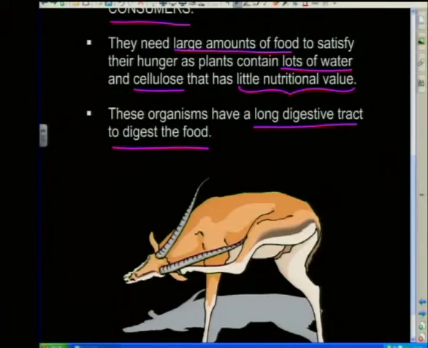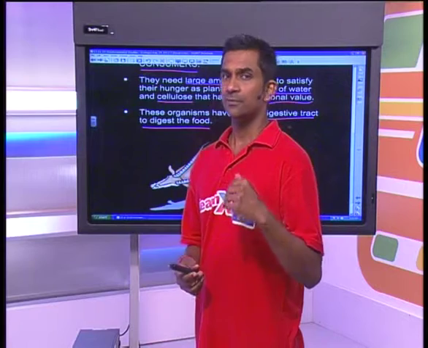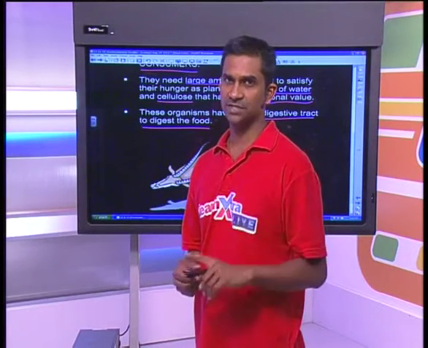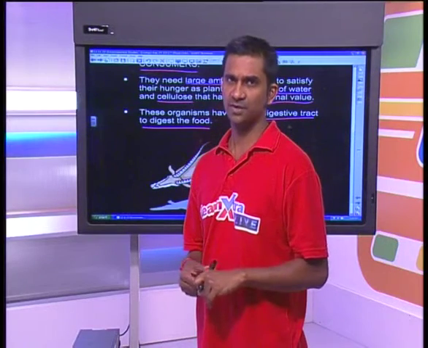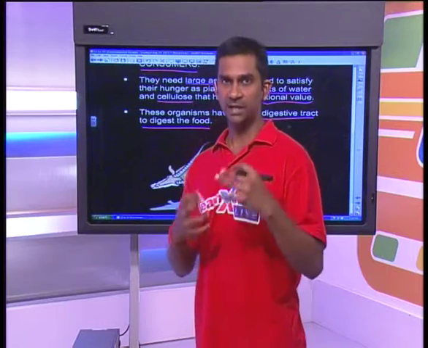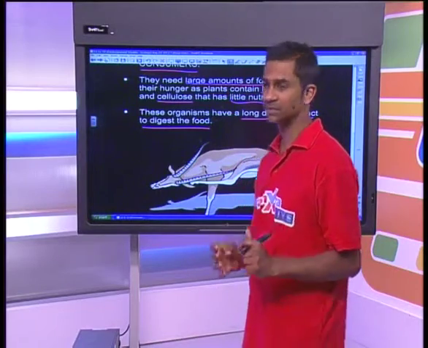And if we think of some of the herbivores, for example, a cow, you remember that food goes through at least 4 compartments in their stomachs so that it completes the process of digestion, and that could take up to 12 hours. So the nutritional value in the plant material is very low, and hence your primary consumers or your herbivores tend to eat large amounts of plant material to sustain their energy requirements.